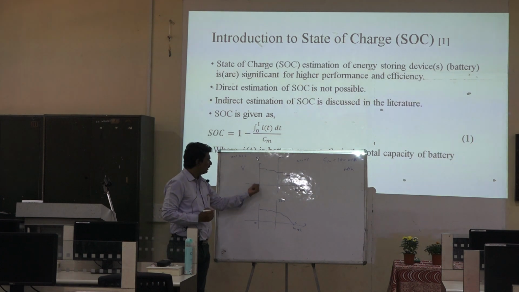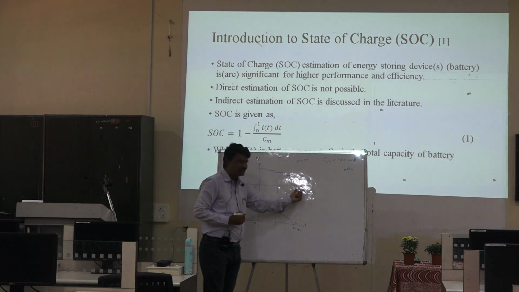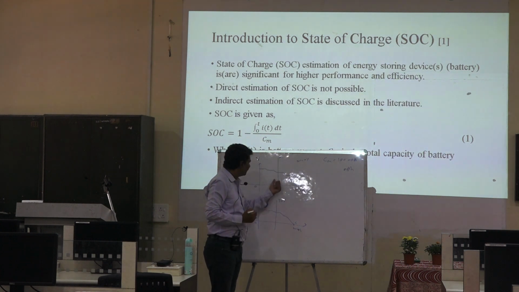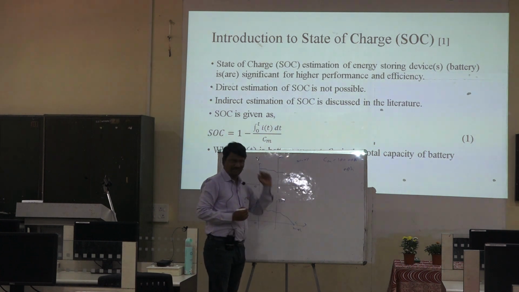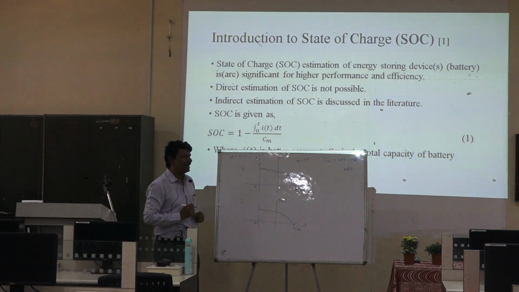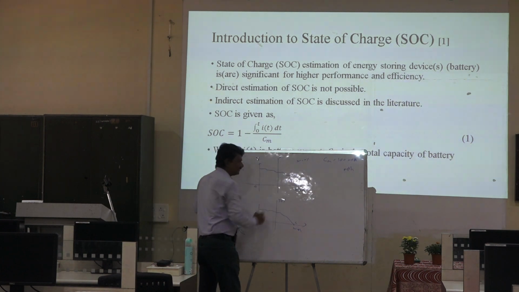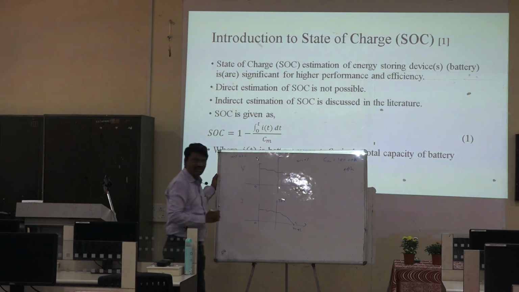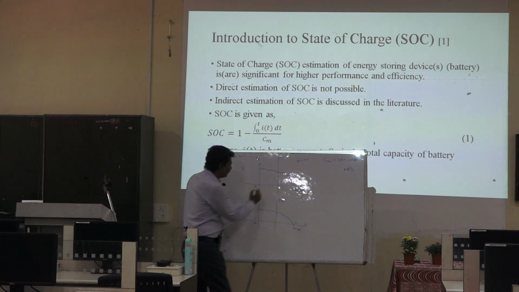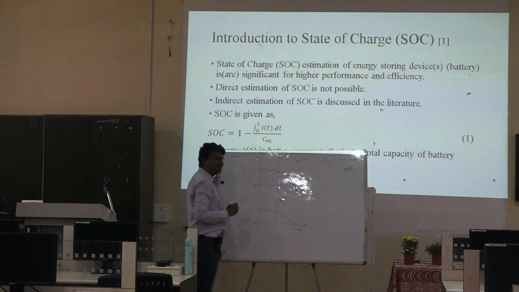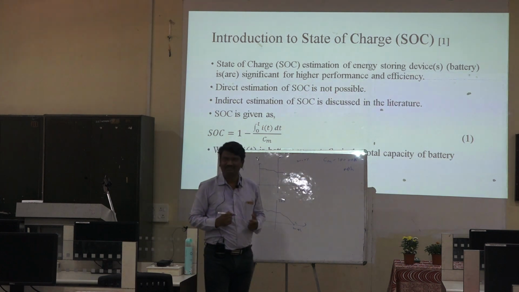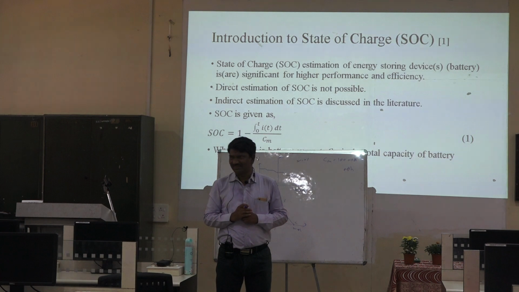We know SOC is 100% here, and SOC is 0% here. Here SOC at this line is 50%. Now my question is, where does this line intersect the x-axis? Will it intersect in the middle of the OC line or somewhere else? If you understand this, you understand the estimation of SOC.